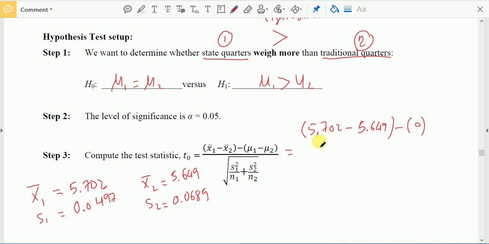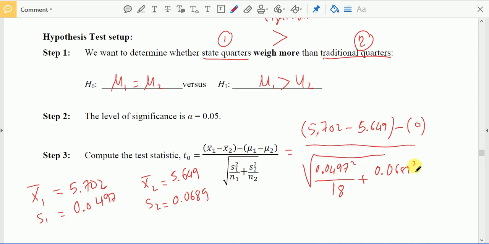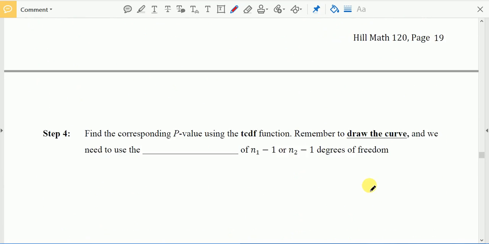And then the square root of s1 squared, which is this one, over 18 for the state quarter, plus the second one, 0.0689 squared over 16, and that should get you around 2.537 if you do that correctly.